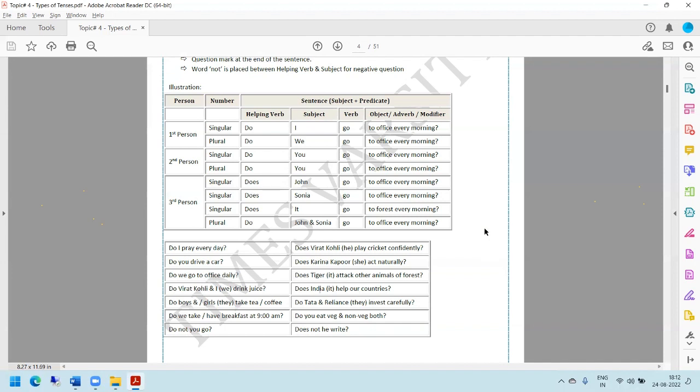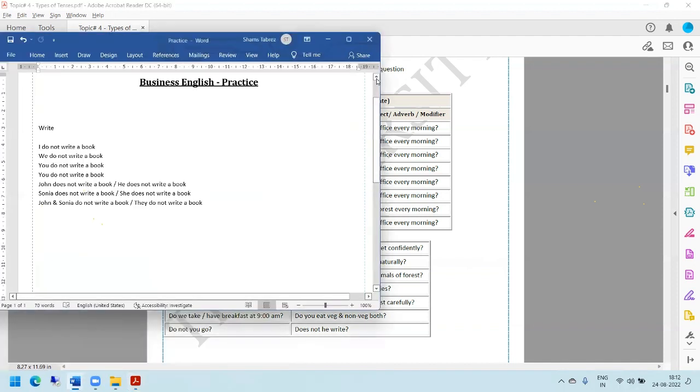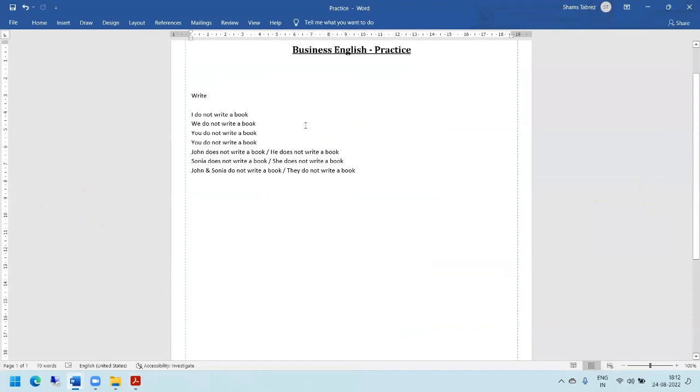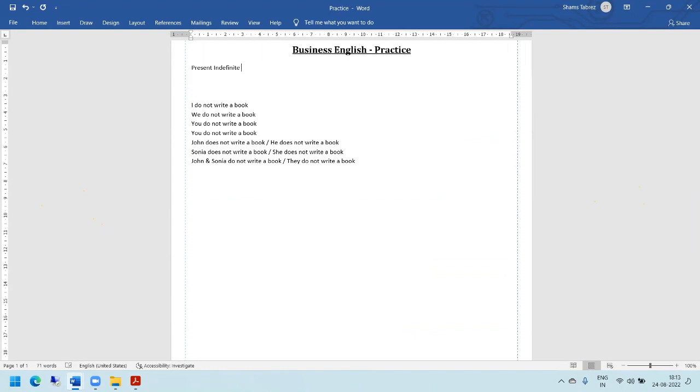Okay, so now we will make sentences again. So here what we have seen, first of all, it is in present indefinite tense.